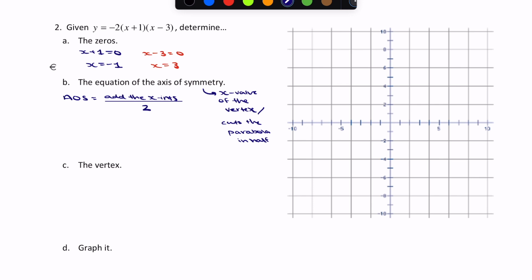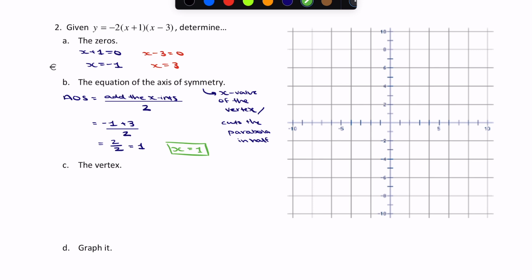Okay, so here, if we add our two x-intercepts, negative 1 plus 3 divided by 2, which is 2 over 2, which is equal to 1. So our equation of the axis of symmetry is x is equal to 1.